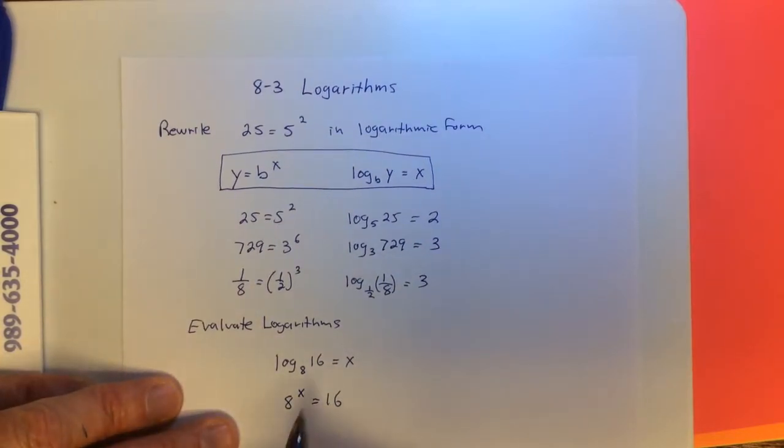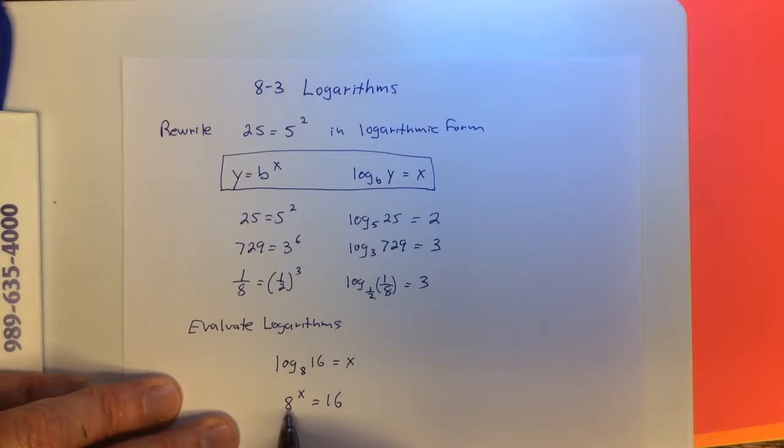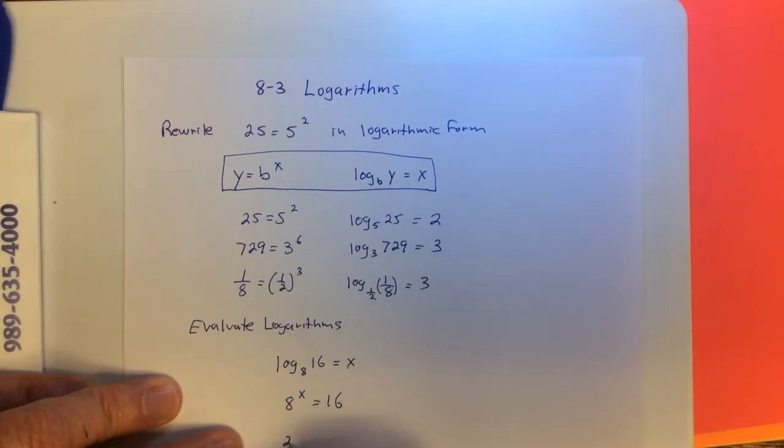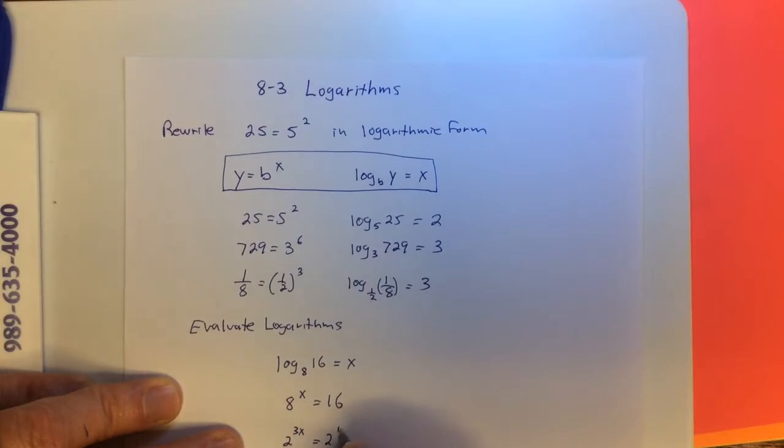So when I look at these numbers, I look at base 8, and I can actually write this number as 2 cubed. That's 8, and to the x power, so just put the x there, equals, when I write 16 as a power of 2, that'd be 2 to the 4th power.